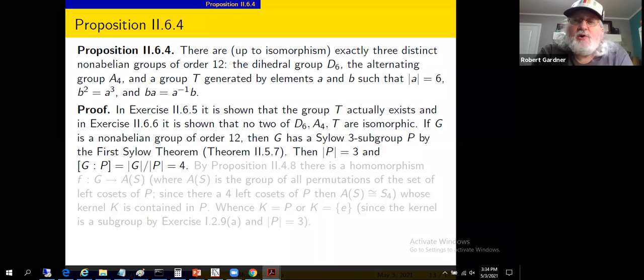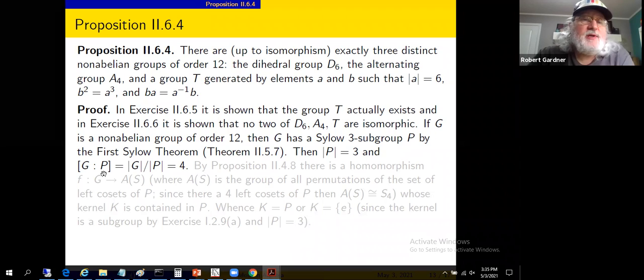In fact, Cauchy's theorem would give us a subgroup of order 3, but let's observe it's a Sylow subgroup, so maximal, of course. Denote that Sylow 3-subgroup P. The order of P is 3, and if we look at the index of P in G, Lagrange's theorem tells us we can just take the quotient of the order of G by the order of P. 12 divided by 3 is 4, so the index is 4.